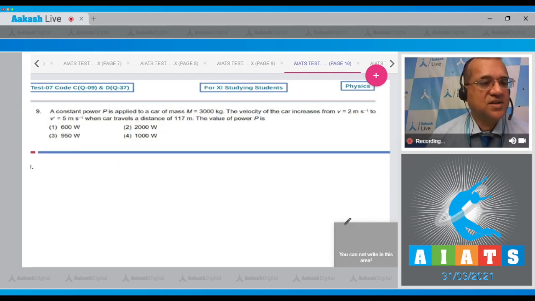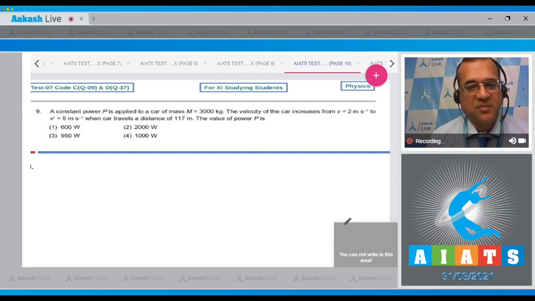The question number 9 says a constant power is applied to a car of mass 3000 kilogram. The velocity of the car increases from v equal to 2 meter per second to v prime equal to 5 meter per second when the car travels a distance of 117 meter.